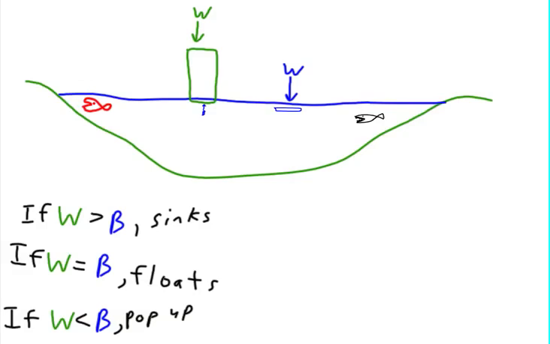Now, the net force is still downwards, so what's going to happen, students? It will sink some more. As it sinks some more, it displaces more fluid, doesn't it? Yes.